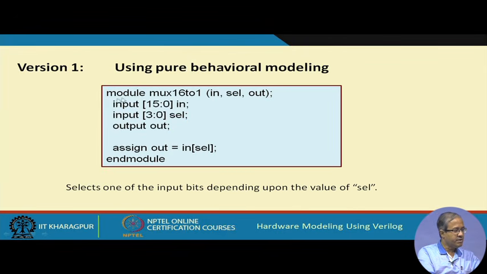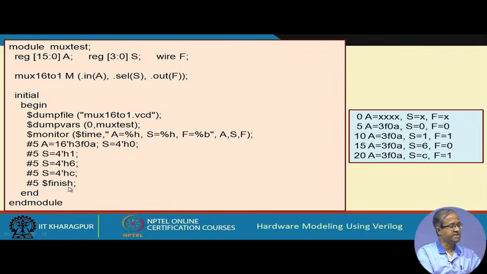Just go back, we have a module like this, mux 16:1, where there are 3 parameters: input, select and output. Okay. And now, we just want to verify its operation through simulation, and we have written a test bench for it. So, what is our test bench looking like? Let us say here we have instantiated our multiplexer mux 16:1.